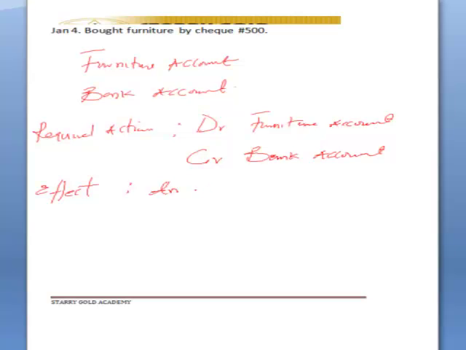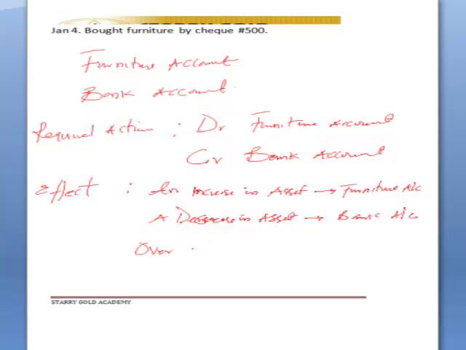There will be an increase in assets, which is furniture account, and also a decrease in assets, which is bank account. So overall effect means what?